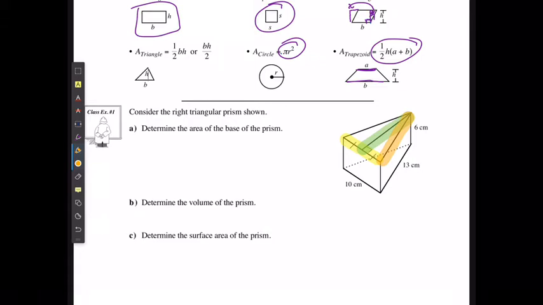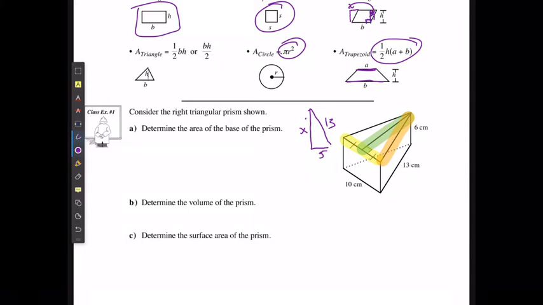So if I pull this shape out, then for this right triangle, this is going to be 13, this is going to be half of the base length, which is 5, and I can solve for the missing part, which I'm going to call x.